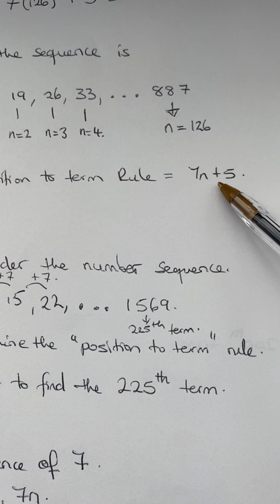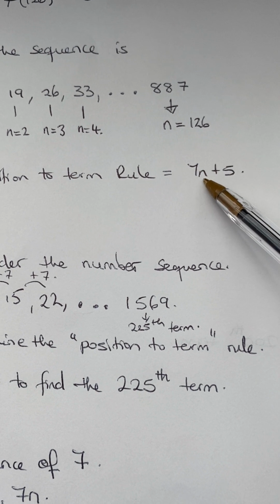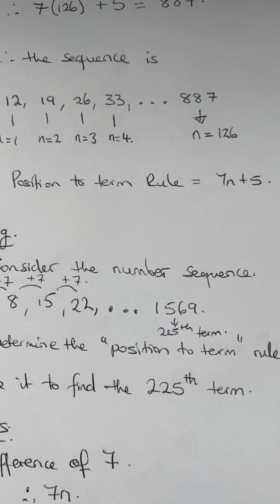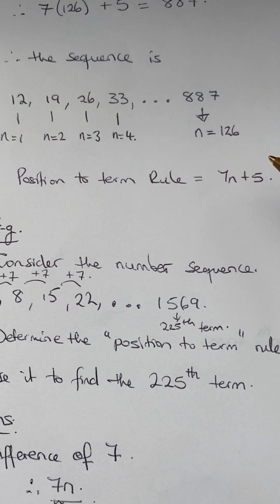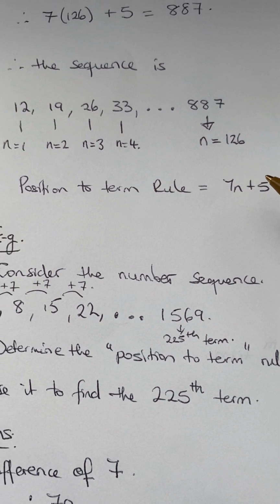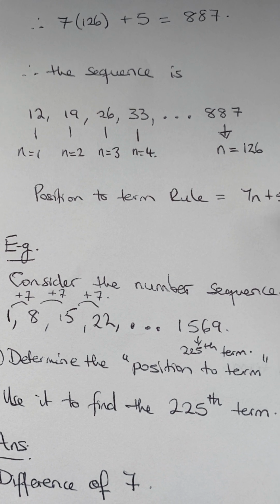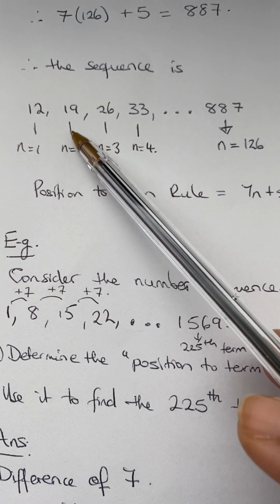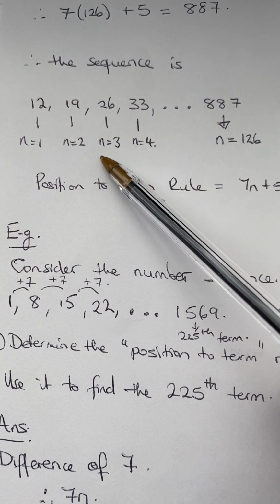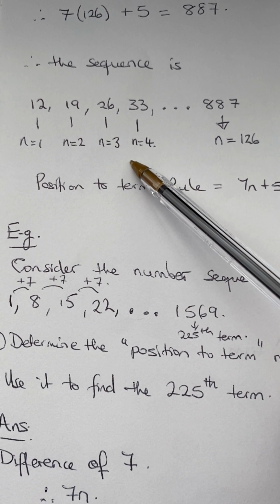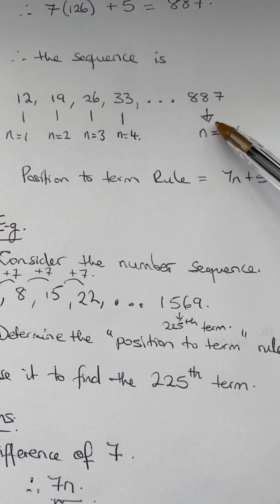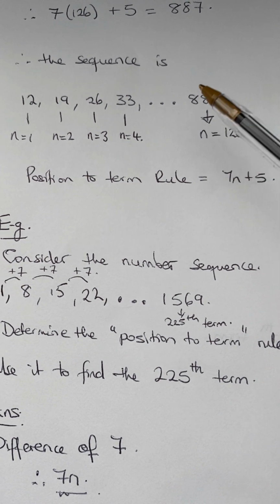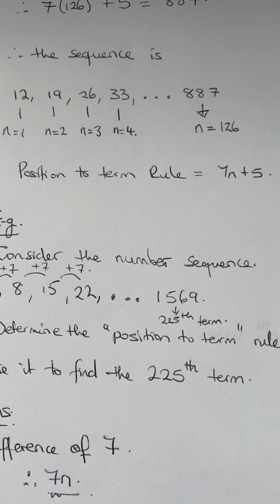The rule here is 7n plus 5, which is also a linear progression. So n equals 1, n equals 2, n equals 3, n equals 4, then n equals 126. We don't have to do the in-between.